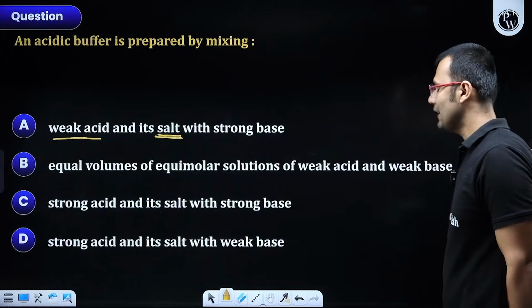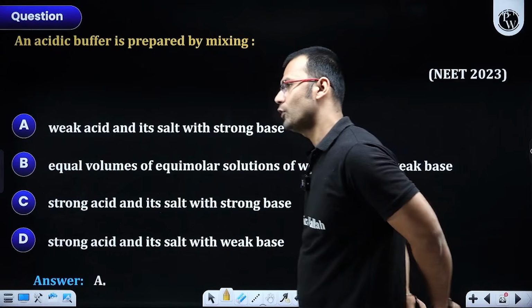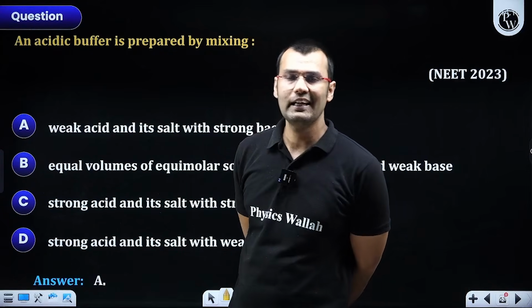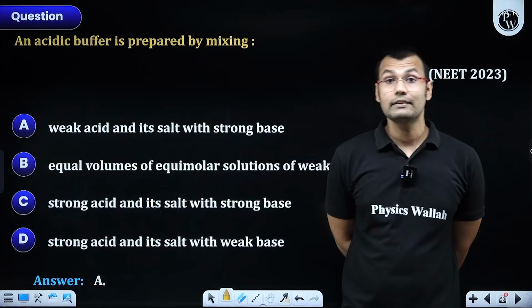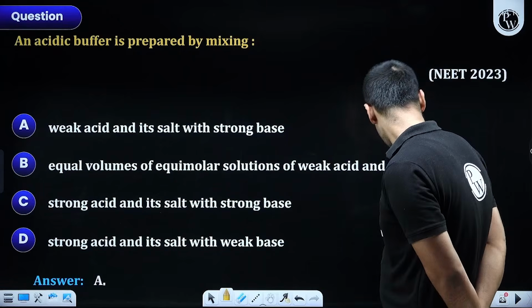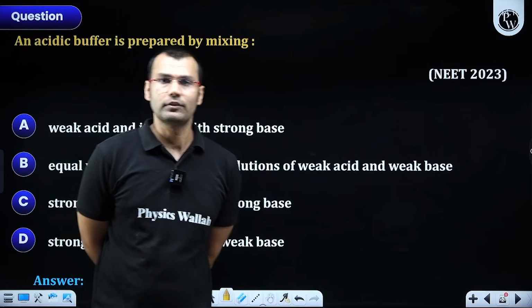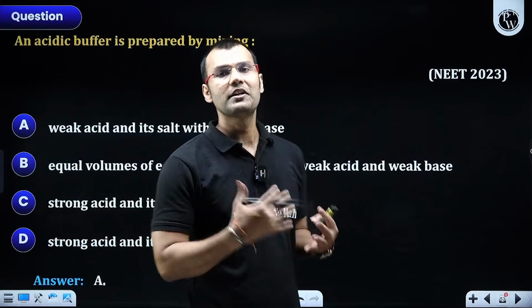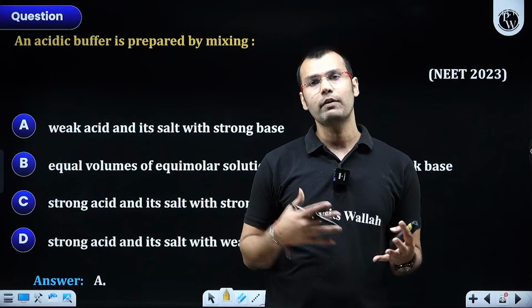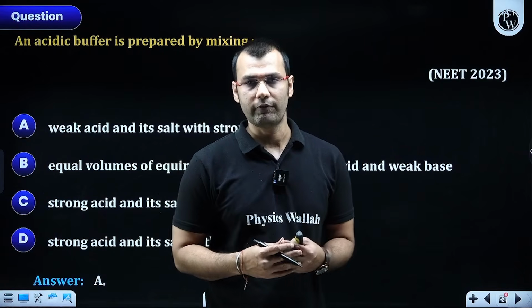So of course here the answer will be A. Weak acid plus its conjugate base gives you the acidic buffer, and a weak base plus its conjugate acid gives you the basic buffer. And this question again we got very recently in the NEET 2023 examination, just from the logic, from the understanding of what is an acidic buffer, what is a basic buffer, and how we prepare them, right?